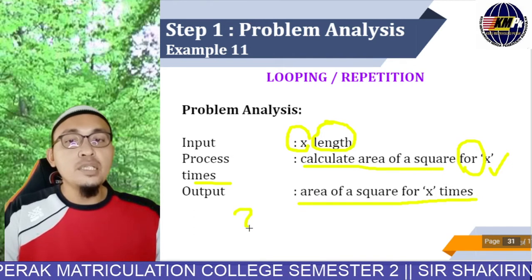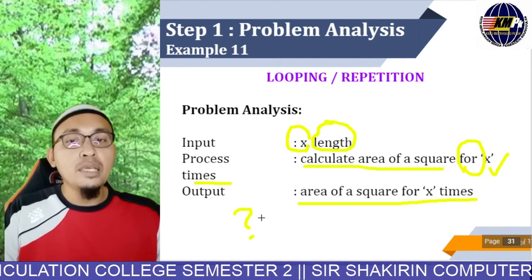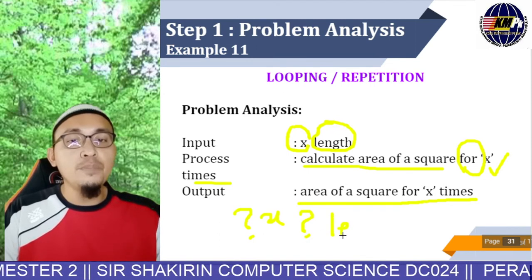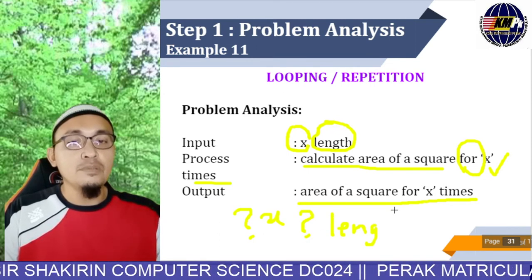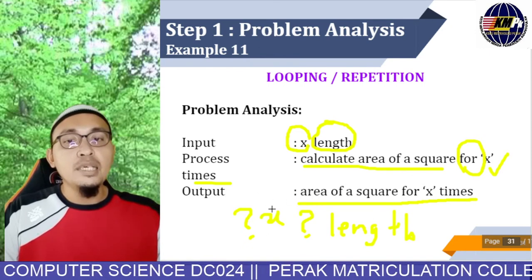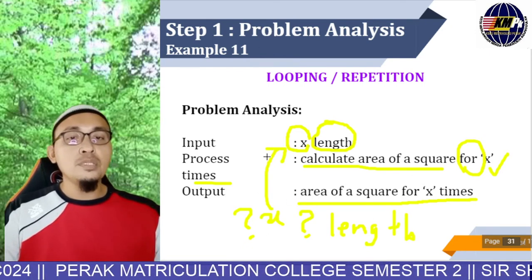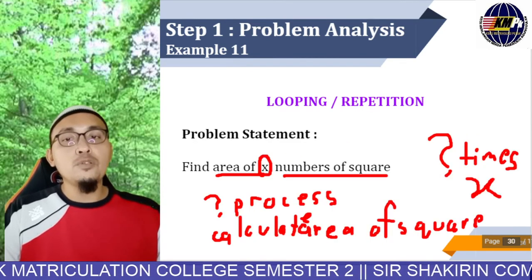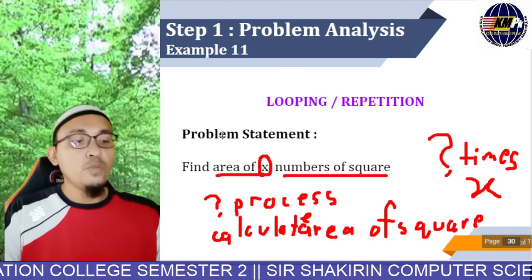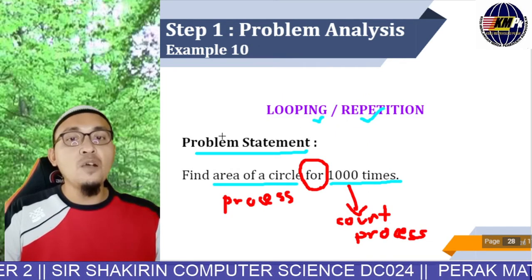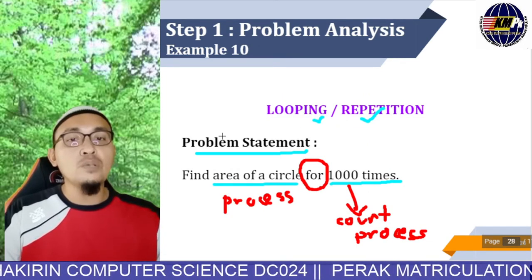The question is now, why x and why length for the input? Let me discuss now. The x here is something that the computer doesn't know, because if you look back to the problem statement and compare to example number 10, in example number 10, the area of circle is calculated for 1000 times.